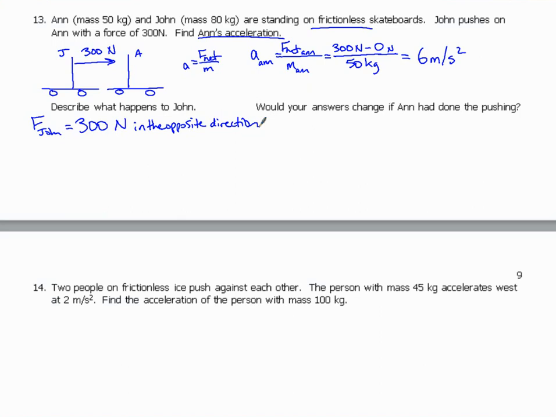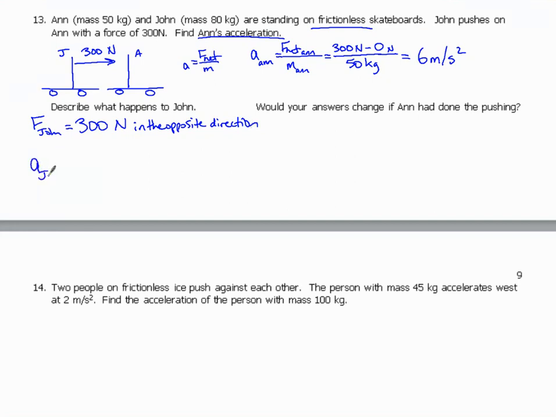So if John exerts a force on Anne, Anne is going to exert a force back on John. It will be an equal and opposite force according to Newton's third law. So the force on John is 300 newtons in the opposite direction.